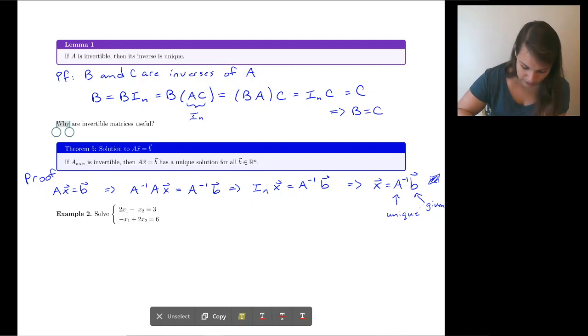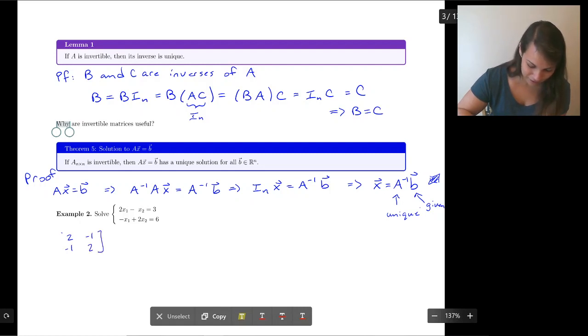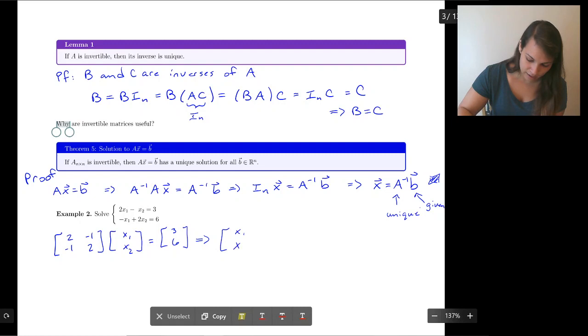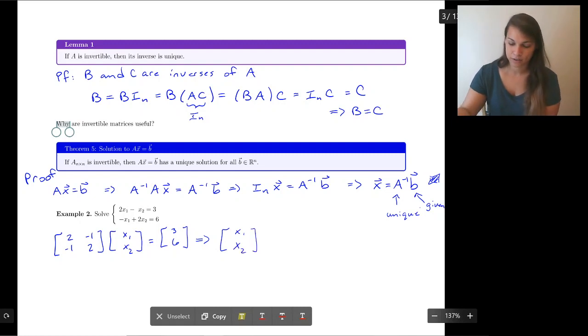I'm going to write this in matrix equation form. I'm not writing it as an augmented matrix because I want to take our theorem for a run. I always do that. Okay. So what I can do is just multiply B by A inverse.